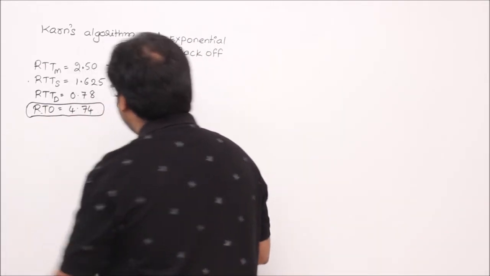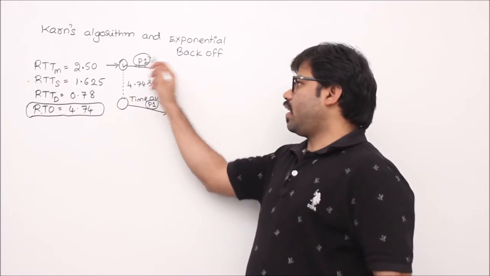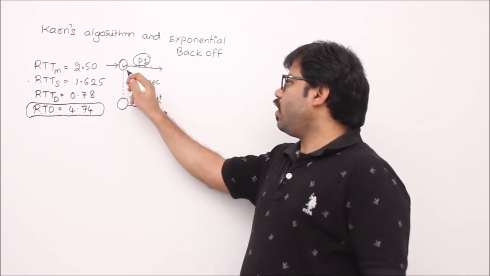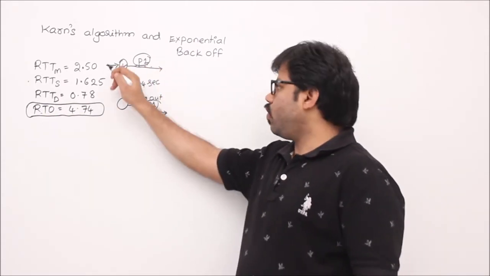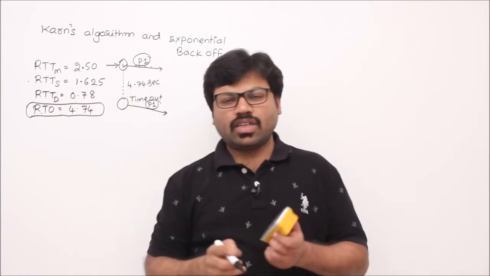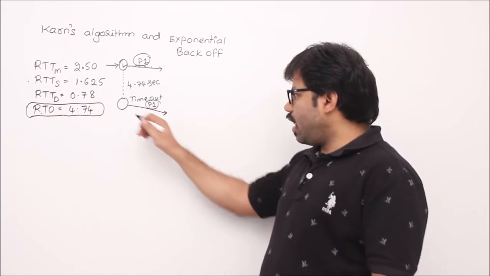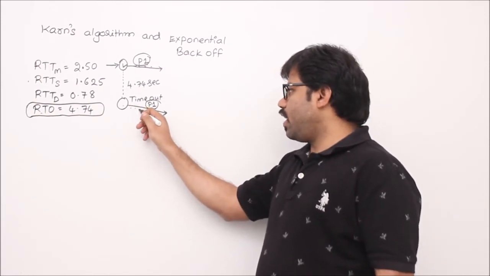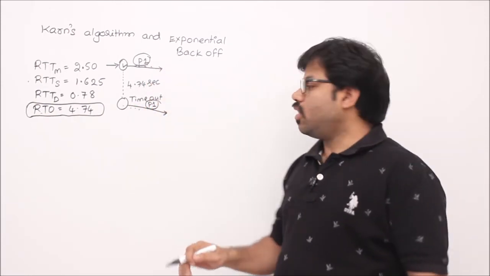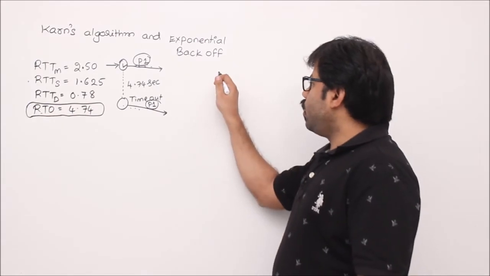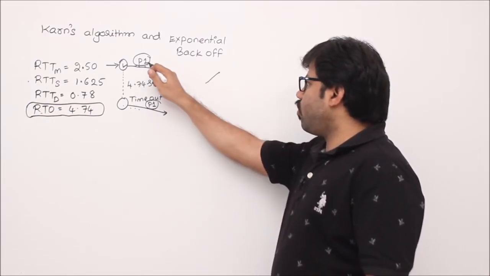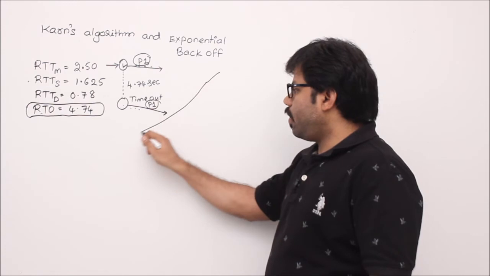The problem with that model is this. We send a packet, let's say P1, and wait for the RTO time of 4.74, but we did not get an acknowledgement. Generally we use the timer only to retransmit, so when the timer times out, we retransmit packet 1. Now say an ACK for P1 comes after some time.